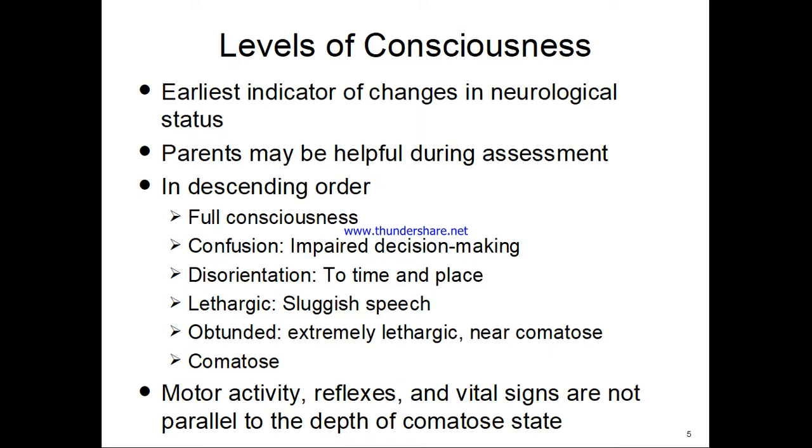Motor activity, reflexes, and vital signs are not parallel to the depth of level of consciousness or the presence of a comatose state. So remember that. They don't correlate to one another. We need to assess each individually.